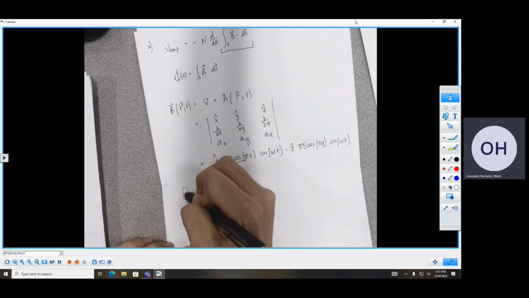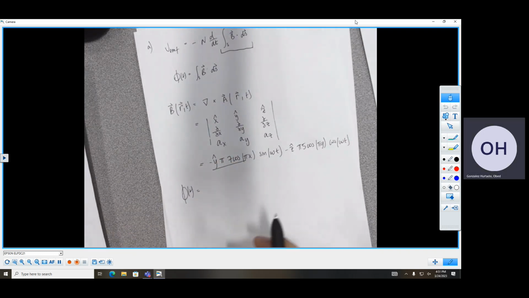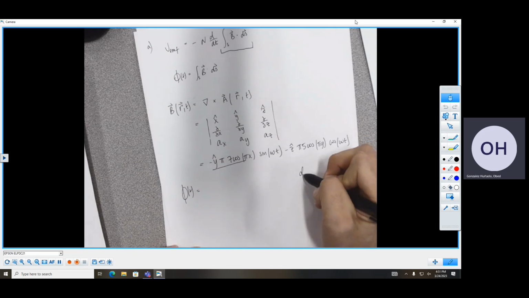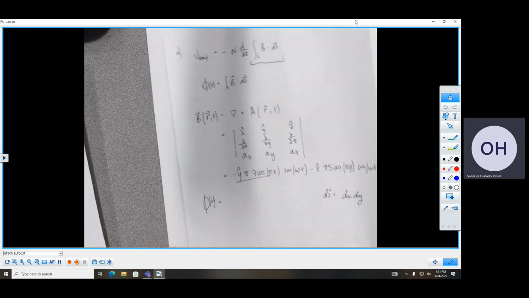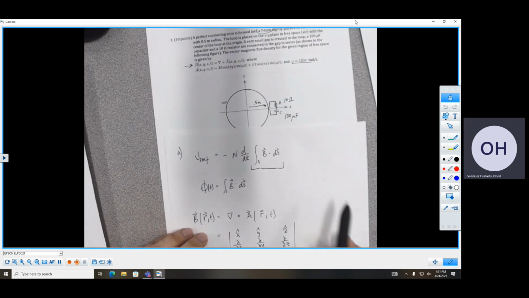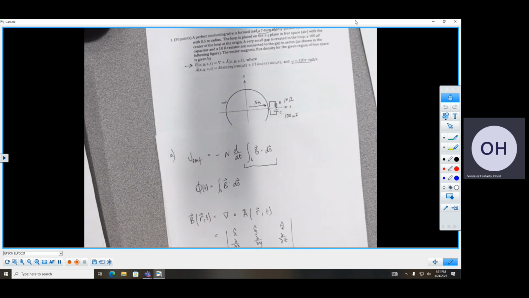Okay. So if we define d of s to be dx dy, that means we're going to take the integral in terms of dx dy.